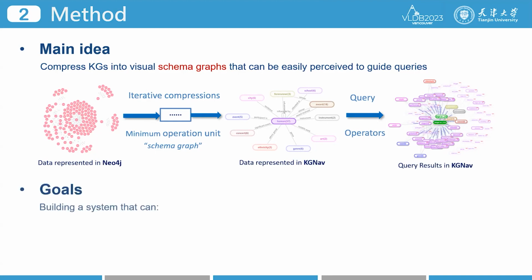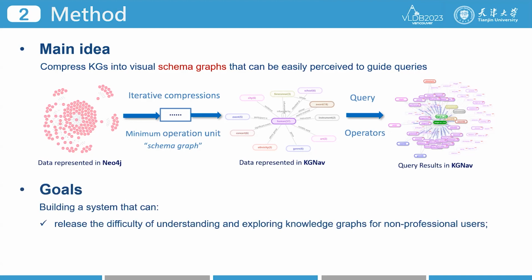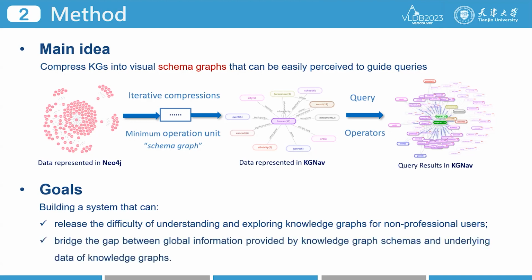Therefore, we developed KGNav to serve as a system that can make it easier for non-professional users to understand and explore knowledge graphs and to better bridge the gap between the global information and underlying data through simple operations. This helps to recognize the structure of the knowledge graph, maximize the efficiency of knowledge sharing, and reduce the redundancy of the knowledge.